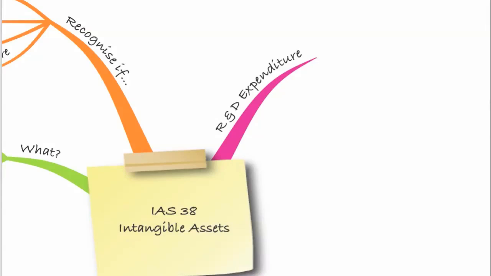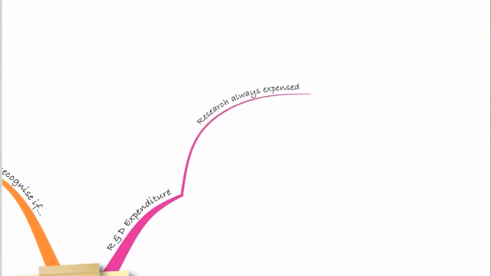Well, there are certain criteria that have to be met. First of all, research. Research is always expensed. It cannot be capitalized as an intangible asset. That's because it's pure research. It's not going to lead to a product. It's just researching whether the product might be demanded, for example, or whether it's feasible to actually create the product.